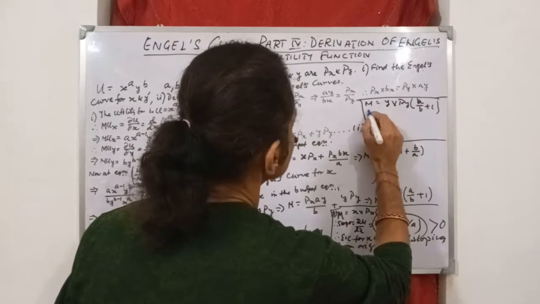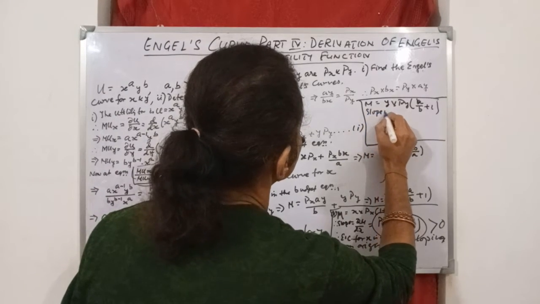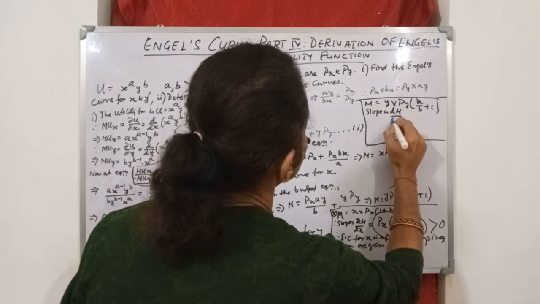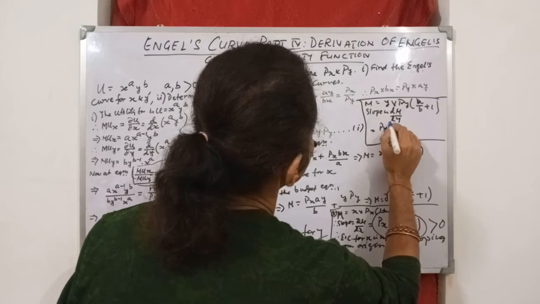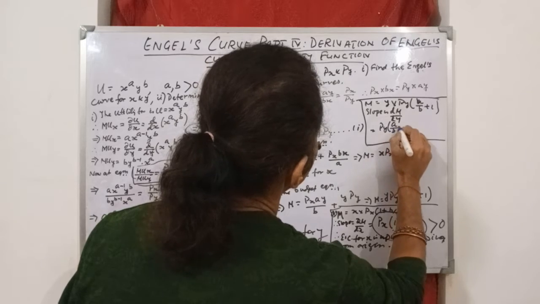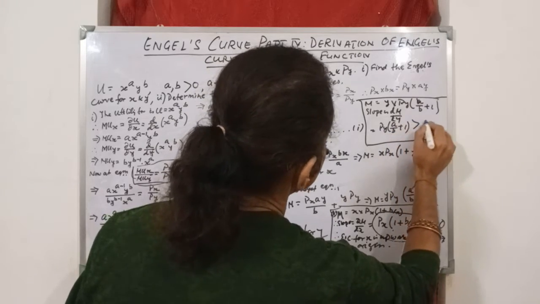The slope is dm dy equals py into within bracket a by b plus 1. This is greater than 0.